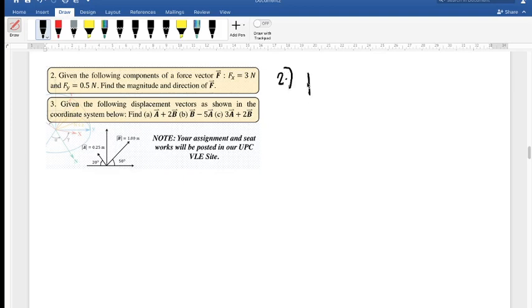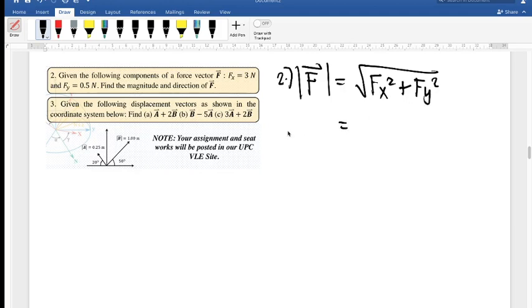So the magnitude is, kunin mo lang yung ganito, the square root of, in terms of components, Fx squared plus Fy squared. You are given this one. Your Fx is 3 Newton, so you just have to substitute 3 Newton squared, and your Fy is 0.5 Newton, substitute squared.